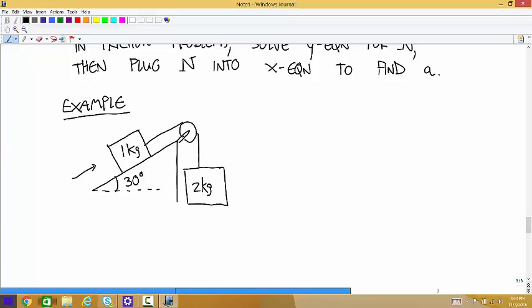And let's say that at this instant the motion is up the ramp. What's the acceleration vector of the 1 kilogram block? So the coefficient of friction, let's say it's 0.2.